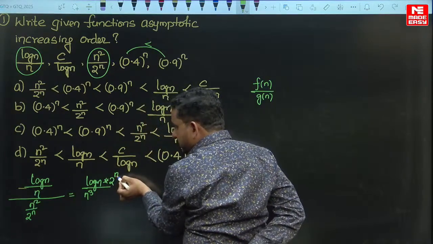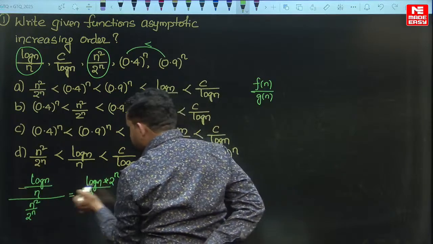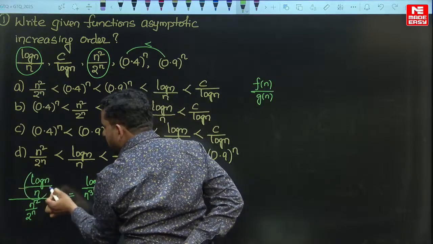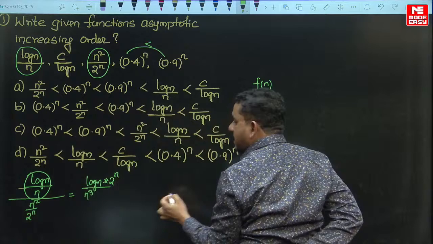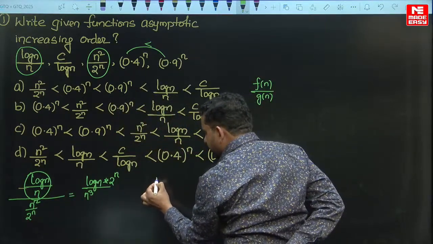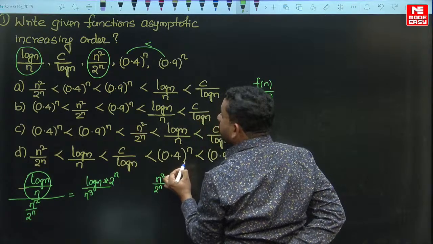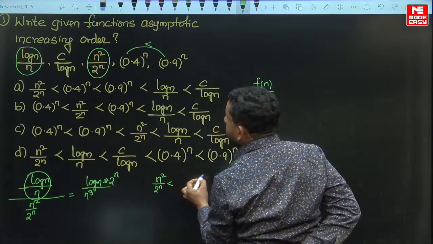Now the numerator is exponential, the denominator is polynomial, so the numerator is bigger. So log n by n is asymptotically bigger than n square by 2 power n. That means n square by 2 power n is asymptotically smaller. Okay, so then log n by n.